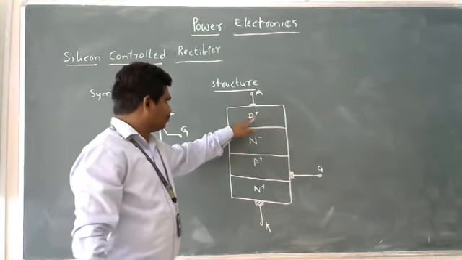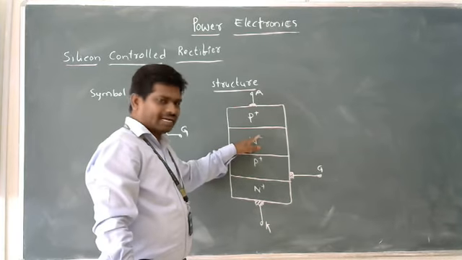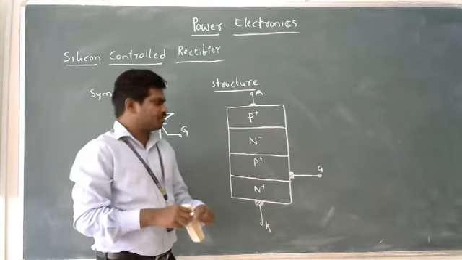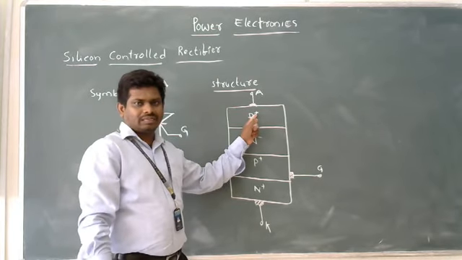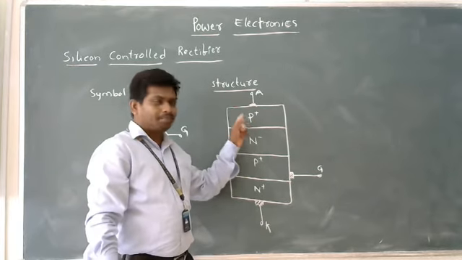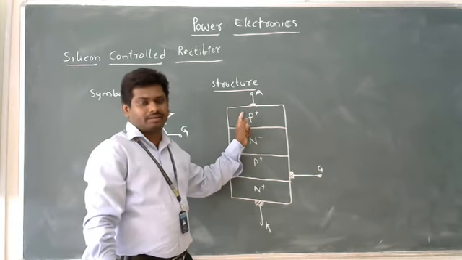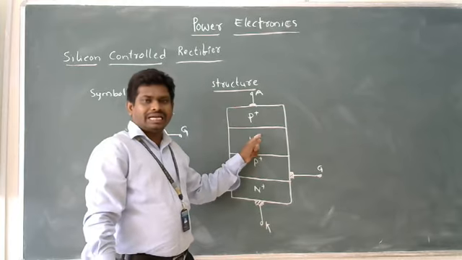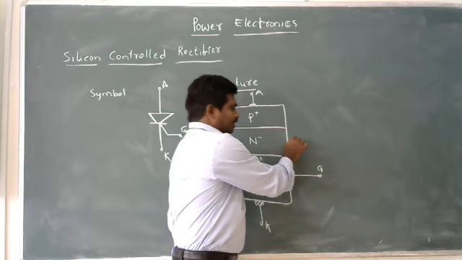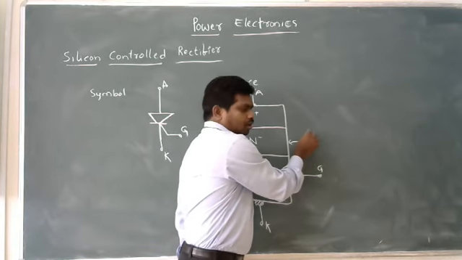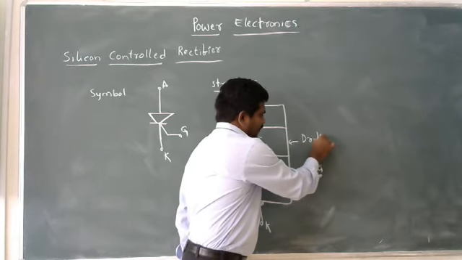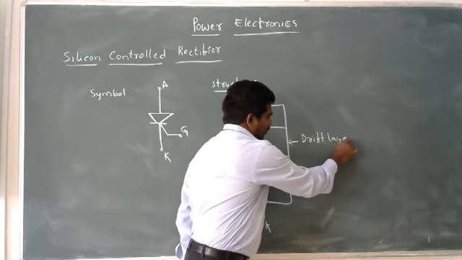See this: P plus, N minus, P plus, N plus. What does it mean? P plus means it is highly doped material. Basically, it is a P material but highly doped. And N minus means it is lightly doped N material, and this portion we can call the drift layer.